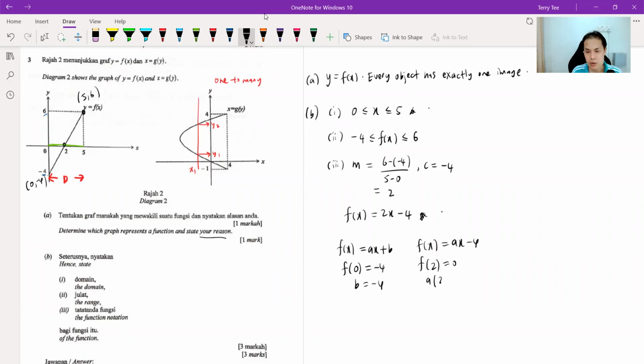So a times 2 minus 4 equals 0. 2a is 4. a is 2. Therefore, my f(x) equals 2x minus 4. Yes, you can do that, but for me, it's a bit longer. If you can use y equals mx plus c, why not? Since it's a simple linear function or a straight line graph.